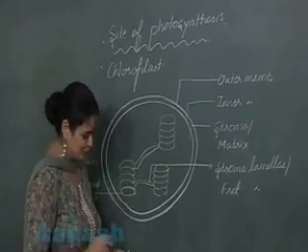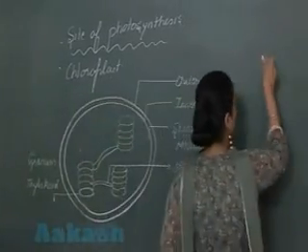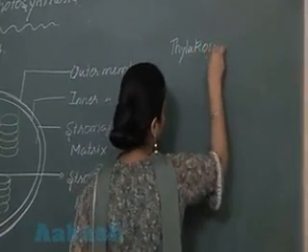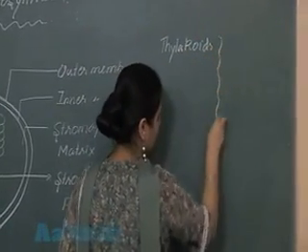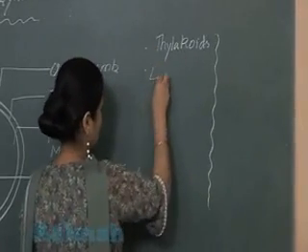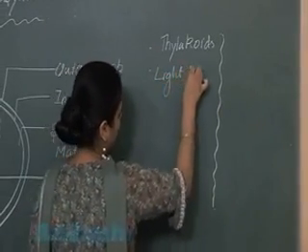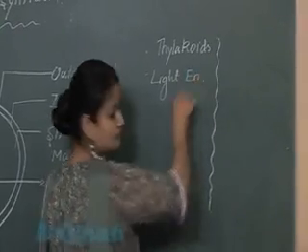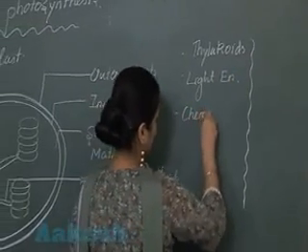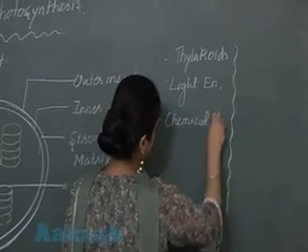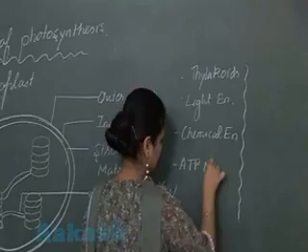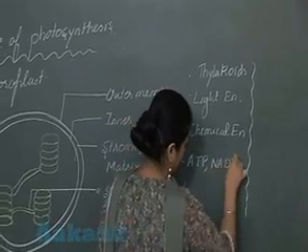Now, in photosynthesis, the membrane of the thylakoids contains photosynthetic pigments. These pigments will absorb light energy and convert it into chemical energy, that is ATP and NADPH.